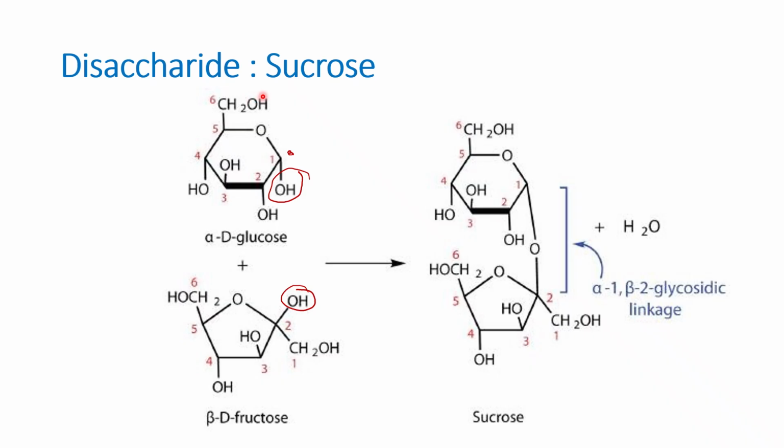But what we must remember is that only if the OH group is available can the molecule mutarotate, or open into an open chain in solution. In the sense, sucrose will not open up in solution when we dissolve it in water. That is why sucrose is called a non-reducing sugar.